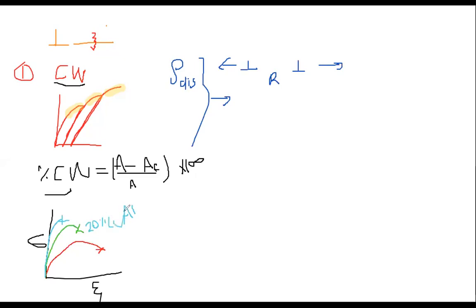That means we have done some plastic deformation. And this one, let's say, 35% cold working. So what is the result of cold working? You are increasing the strength of the material, but at the same time, you're losing the ductility of the material.